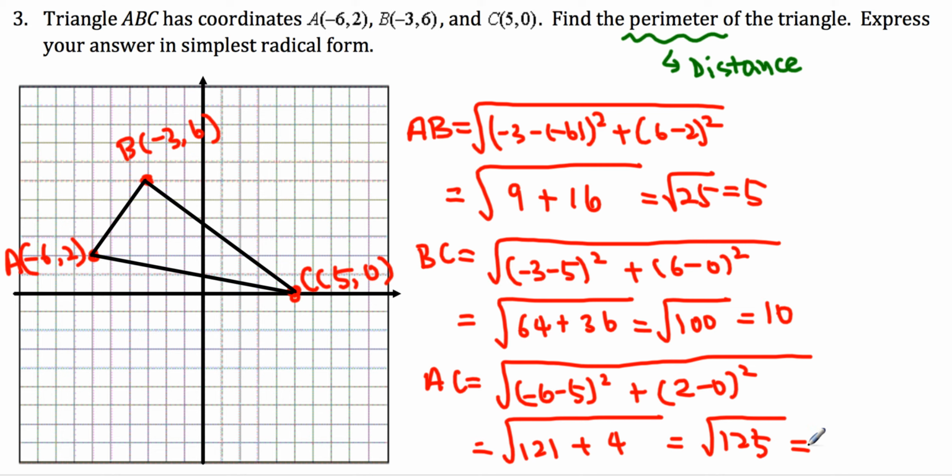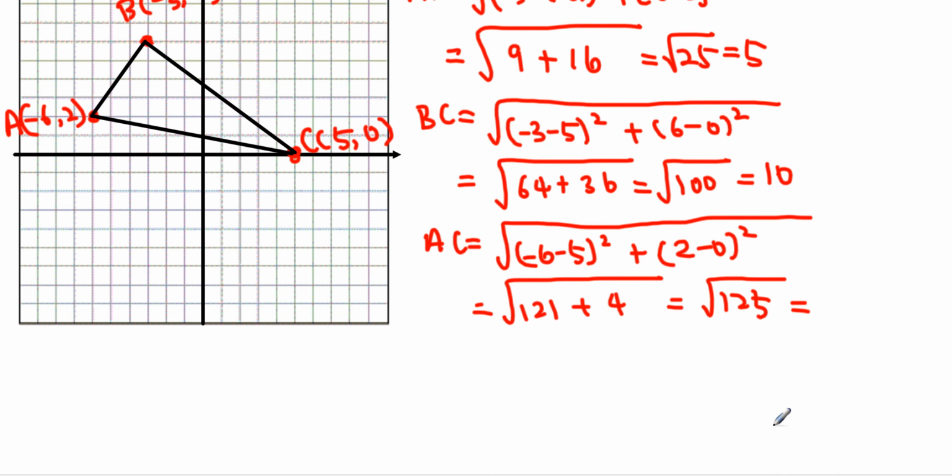Now how can you simplify that one? That's right, that's equal to the square root of 25 times the square root of 5. That's how we can make 125, but the square root of 25 is 5, so we get 5 square root of 5. So I think we found all three sides. Notice the first one was 5, the second one was 10, so we can add them up together.